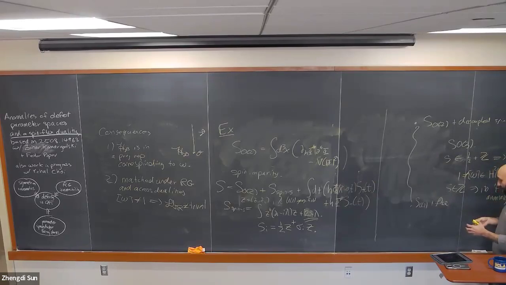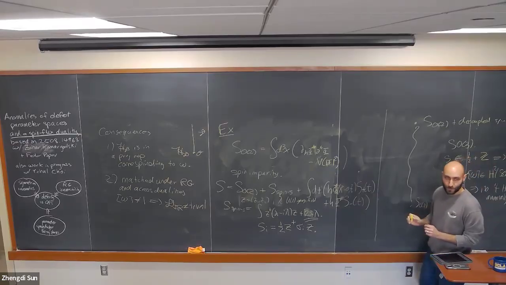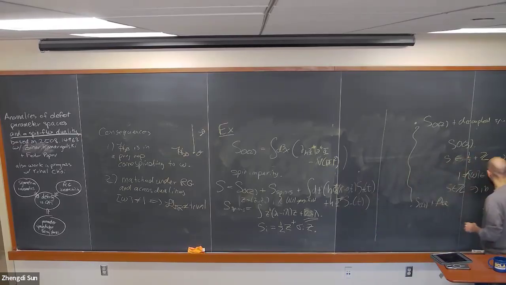But the anomaly of that subgroup is completely fixed by the anomaly of the SO3 by pulling it back along the inclusion. And you can just do the exercise of checking that indeed that O2 subgroup is anomalous if and only if the SO3 that it's sitting inside of is anomalous. So this analysis that we did for this SO3 carries over identically to O2. Okay.